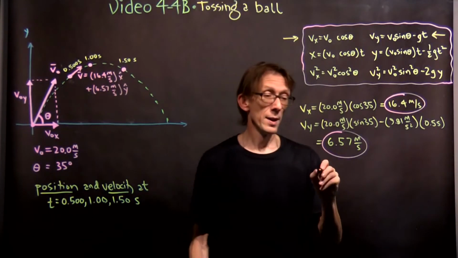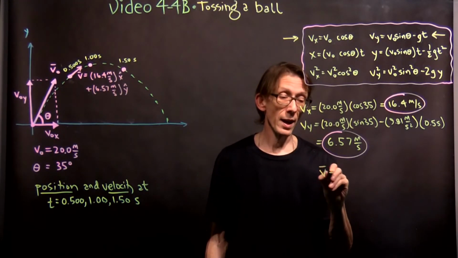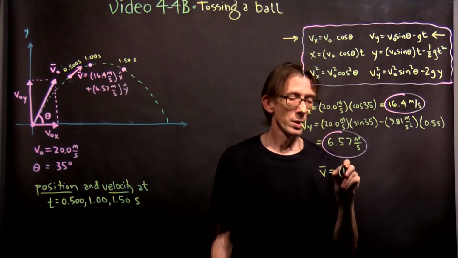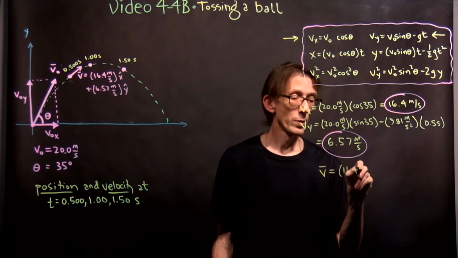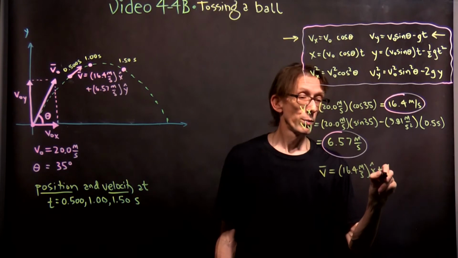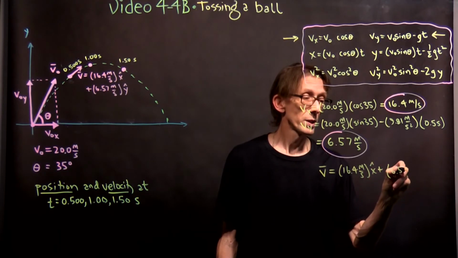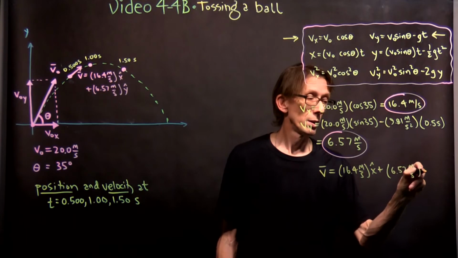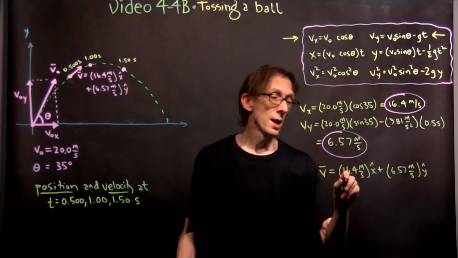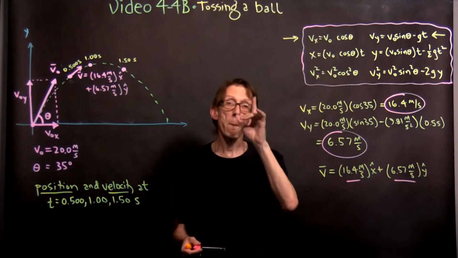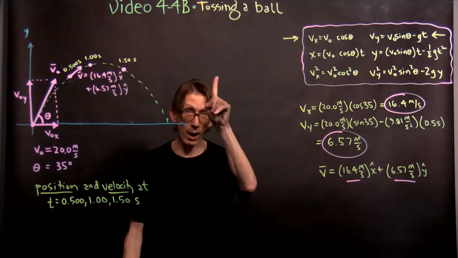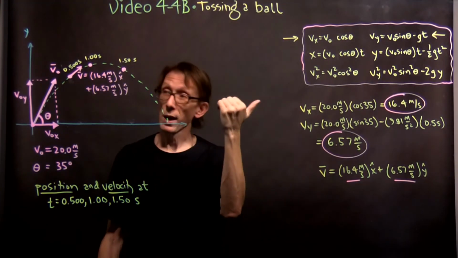We can combine it and say that the total velocity at 1/2 of a second is 16.4 meters per second x-hat plus 6.57 meters per second in the y direction. Both components, the x and the y, are both positive, which tells you the ball is moving up and to the right. Up is positive in y, right is positive in x.